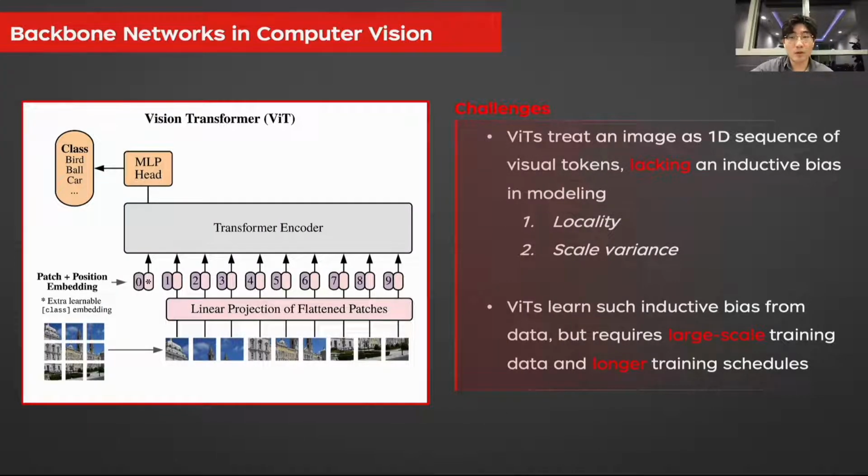Even though transformers have shown a promising performance in vision tasks by embedding images into sequences, such a pipeline doesn't take image properties into consideration and needs to learn such inductive bias through large-scale training data and a longer training schedule.